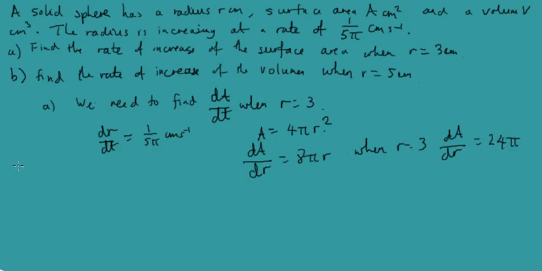So I'll write it over here because I'm going to run out of space. So what is dA by dt when r is 3?